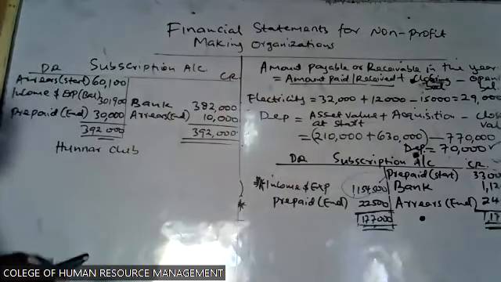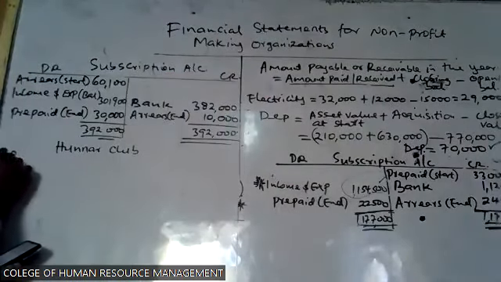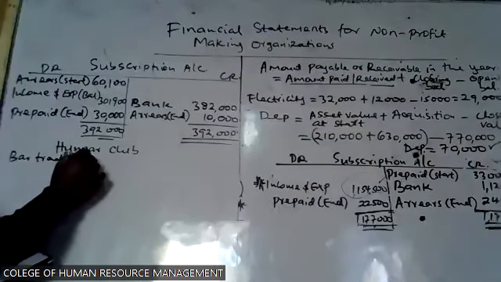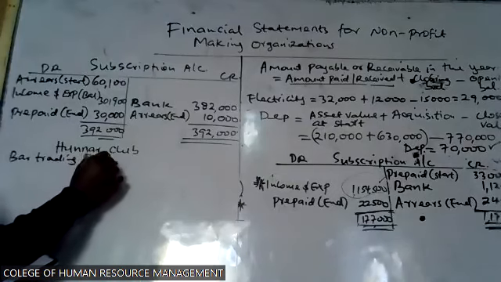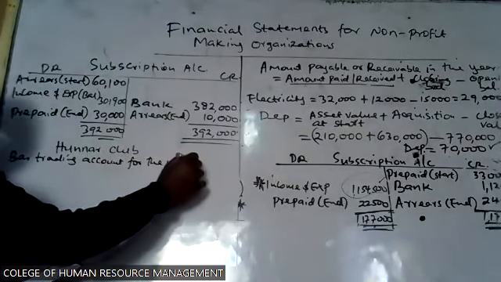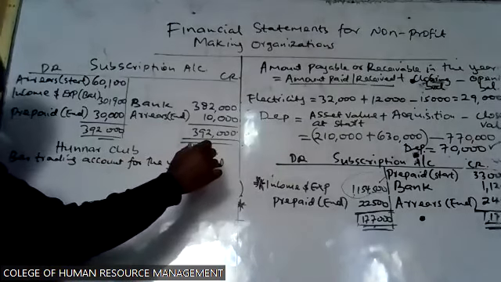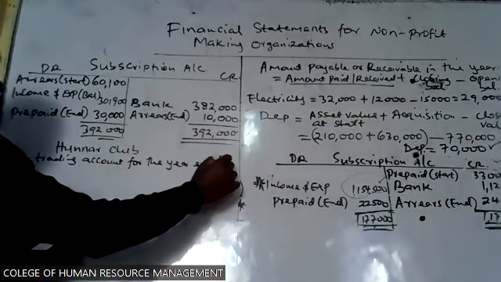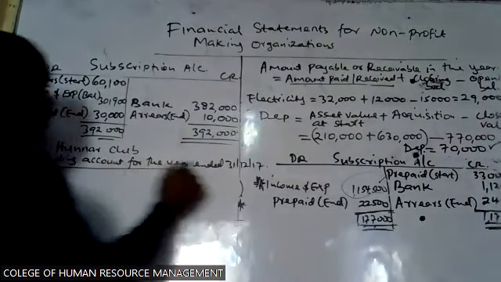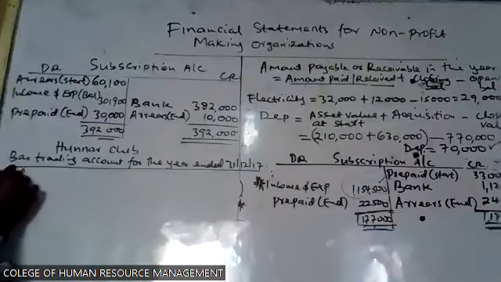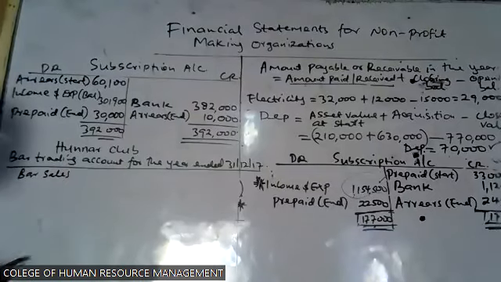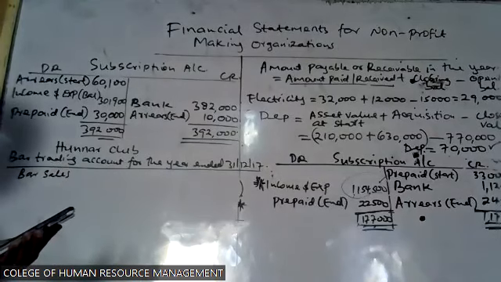Okay. Huna Club. This is the bar trading account for the year ended 31 December 2017. Always start with the balances. If it is the restaurant, you start with the sales, the restaurant sales.